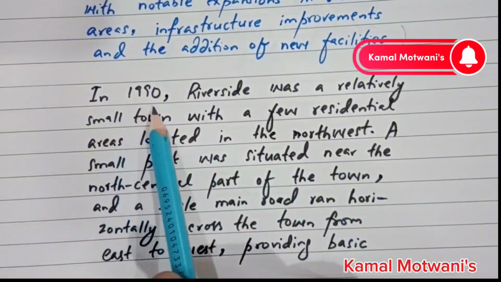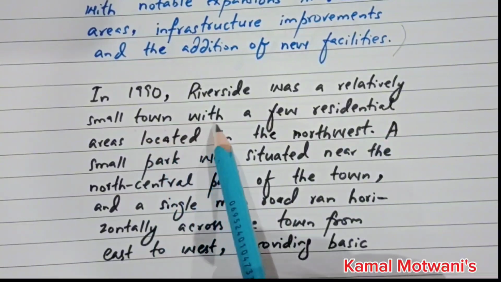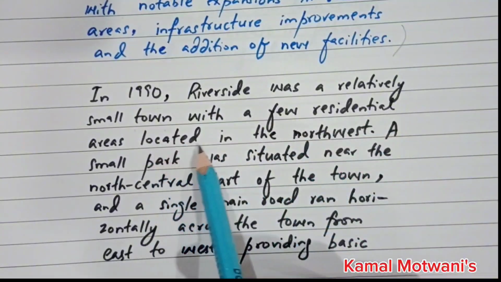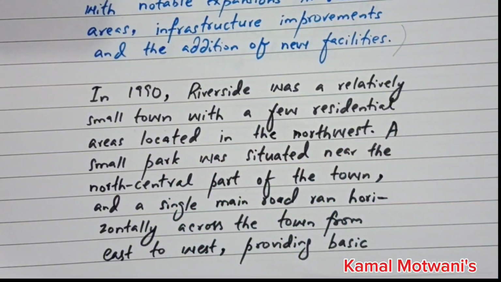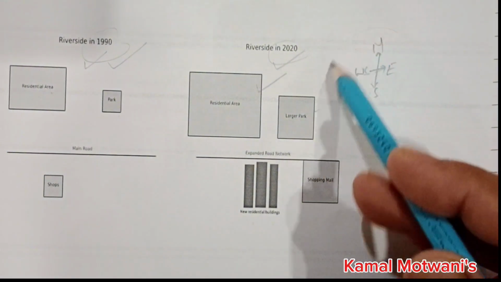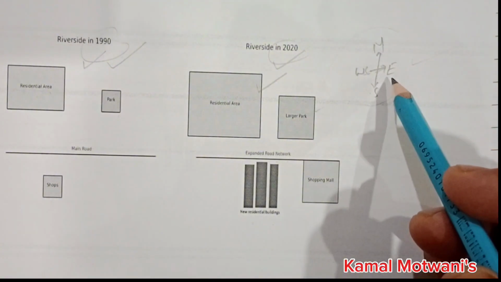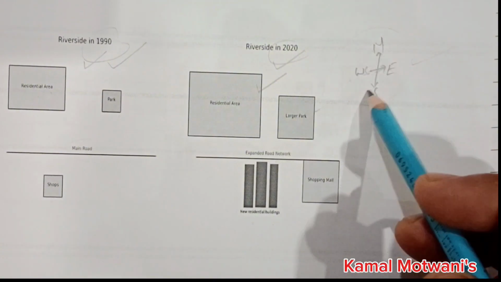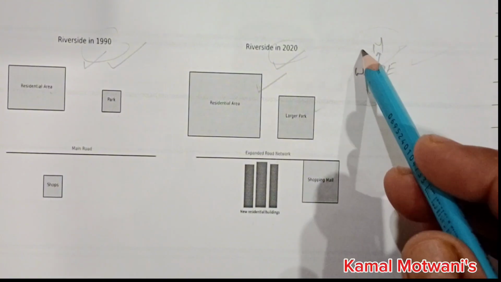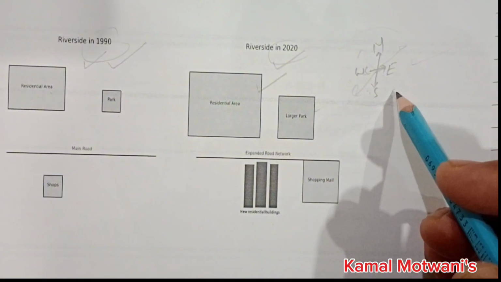In 1990, Riverside was a relatively small town with a few residential areas located in the northwest. Now, as I already told you while describing these paragraphs, the directions are very much important, as directions are given as east, west, north, south. So this becomes northeast, this becomes northwest, this becomes southwest, and this becomes southeast.